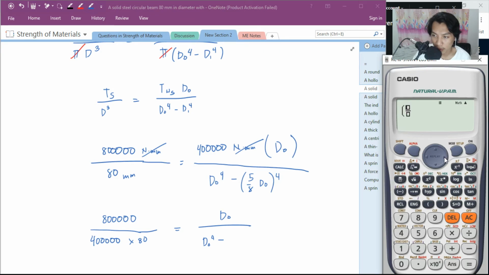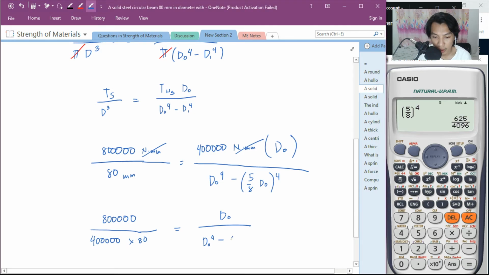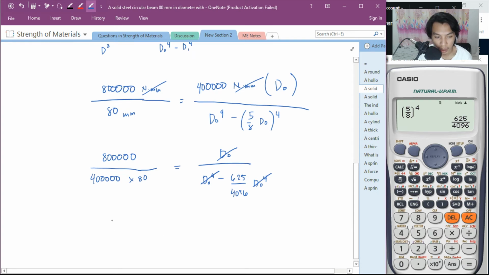Okay, 5/8 raised to 4 is 625 over 4096, times Do to the fourth. Now, cancel the Do here. This one, 800 over 400, so 2 over 80. Right? 1 over Do cubed times 1 minus 625 over 4096.